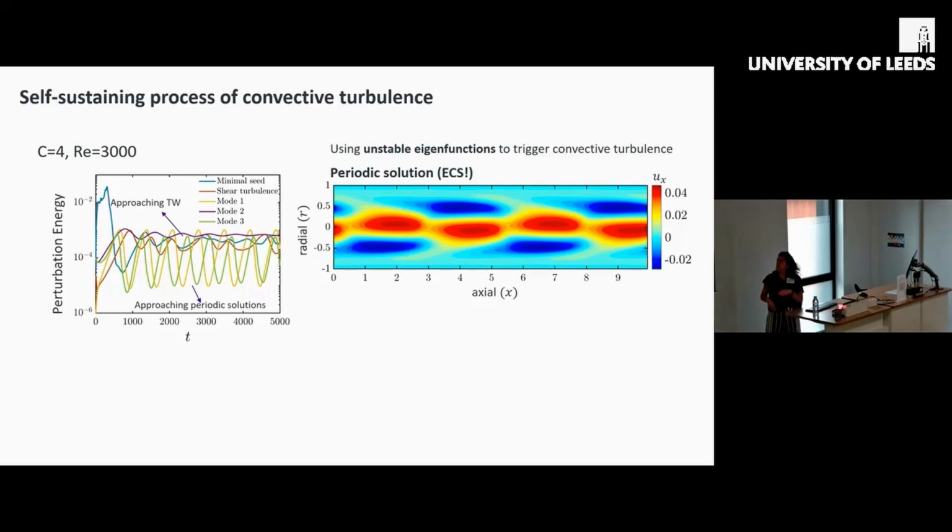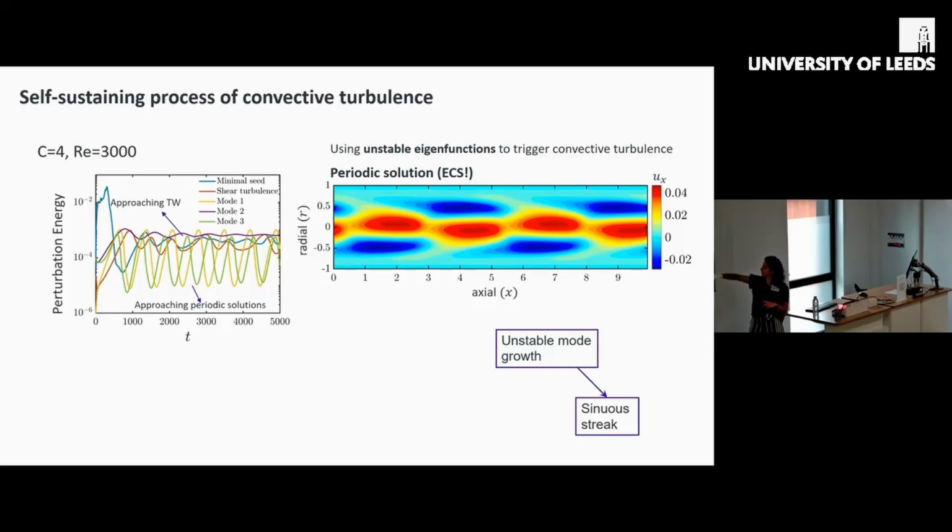So basically, this periodic solution distills these three typical processes that sustain the convective turbulence: the growth of the unstable mode, which then forms this sinuous streak in the middle, and then these sinuous streaks break and decay, and when they decay, the unstable mode forms again.